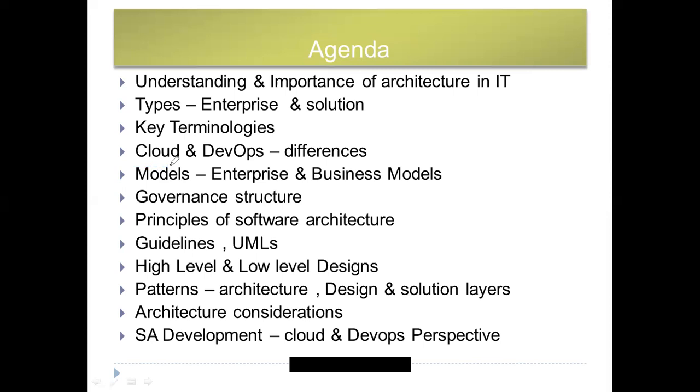Next point. We must know about the DevOps environment, because nowadays, especially in application development, we are moving towards a DevOps environment where we implement CI/CD processes using different tools like Jenkins, Kubernetes, Ansible, Nagios.